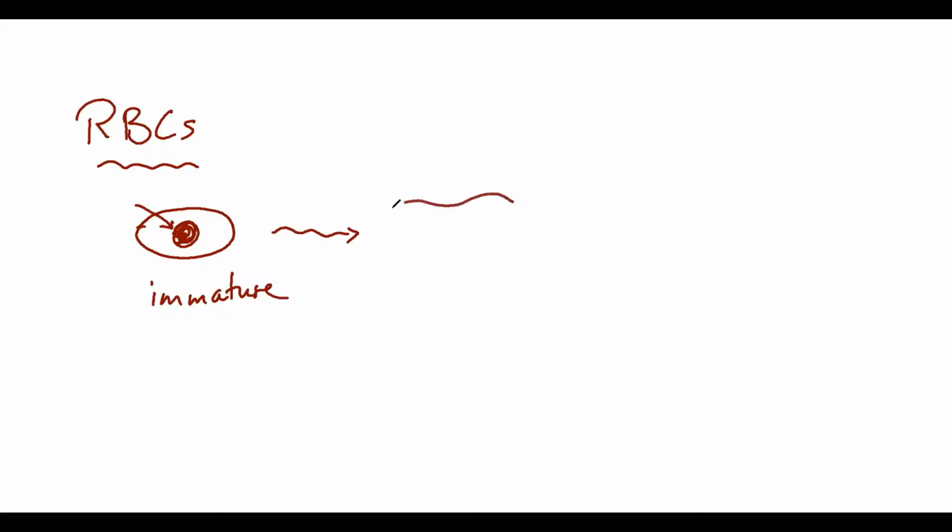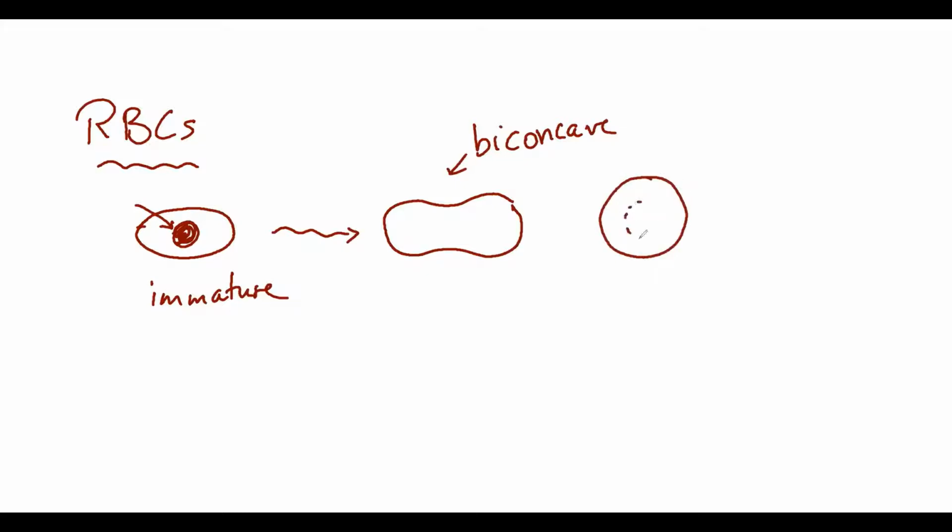So the space of the nucleus becomes empty. That's why it looks like this, biconcave. If you look at it from one side, you're going to see it as if it is compressed in the middle because of the removal of the nucleus, and the space of the nucleus is empty. If you look from above or from below, you see a discoid shaped cell, and in the middle as if it is compressed.